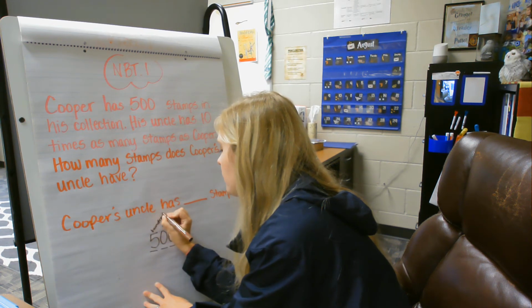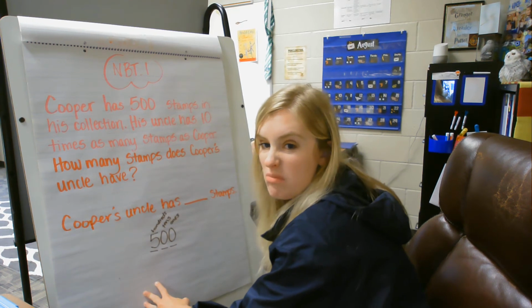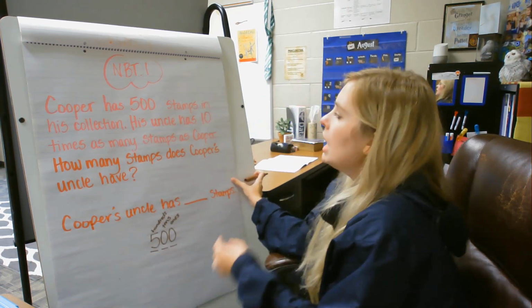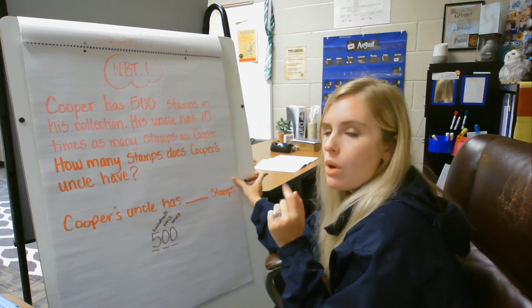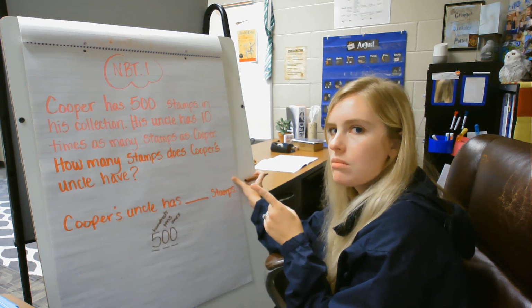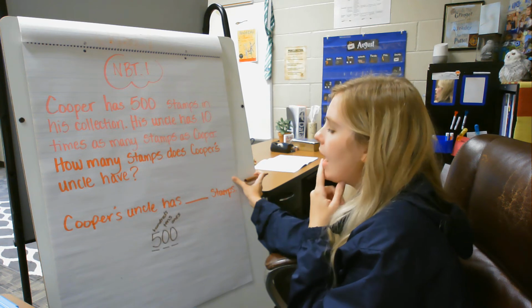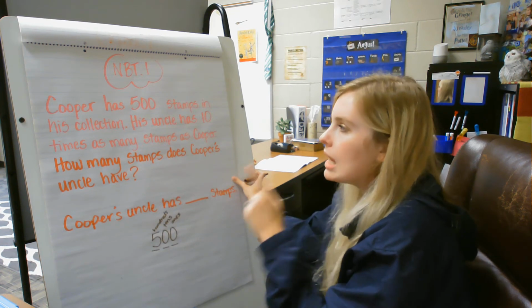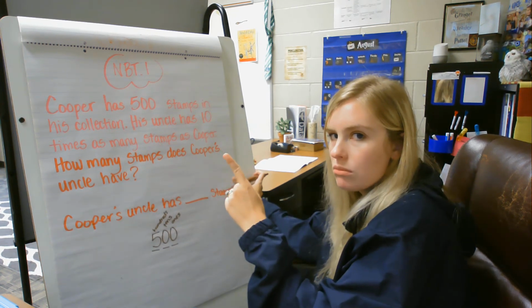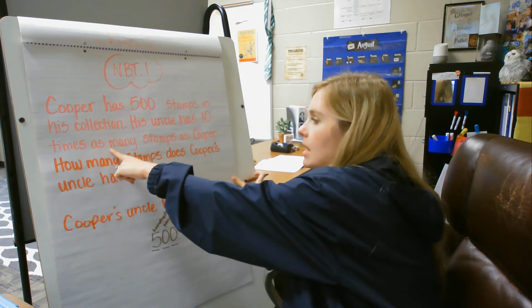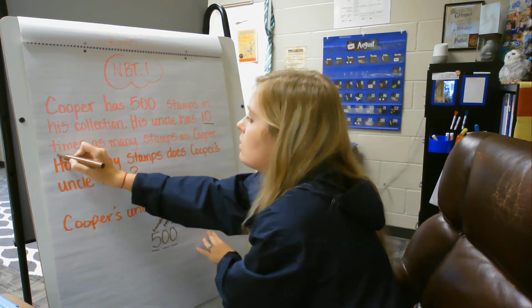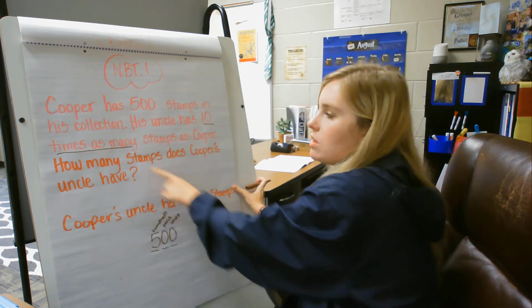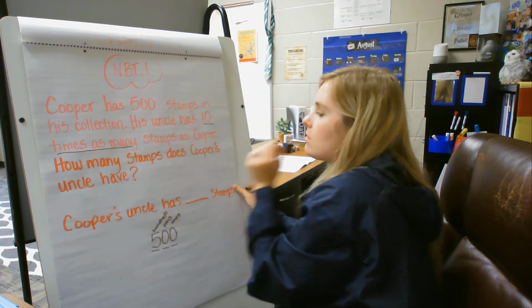He has 500 stamps. His uncle has 10 times as many stamps. Remember our place value house. If I want to go 10 times bigger, because it says 10 times as many, which means 10 times more, I'll go ahead and underline that for you to remember that this is what we're actually solving for, because that's what his uncle has.